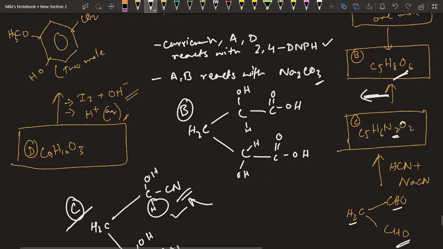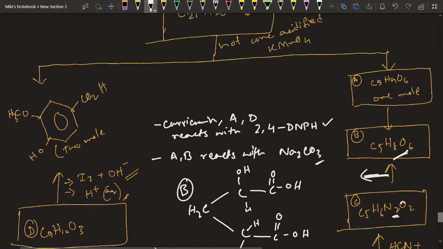Now let's see what else we can do. Like they said, we get B from A. And they have given us that we have 4 hydrogen, 6 oxygen, 5 carbon. That means the carbon number and oxygen number remain the same. Hydrogen is now less.